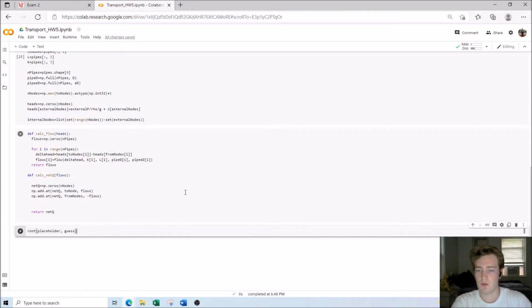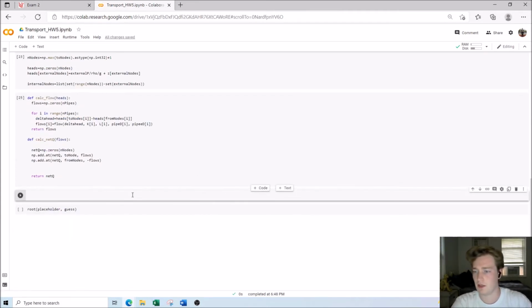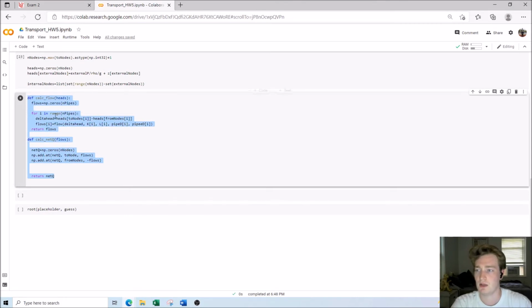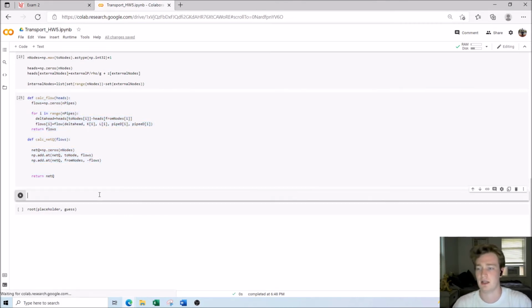So what do we want for our starting function? Well, we want a way to incorporate these last 2 functions that we wrote for calculating flow and calculating the net Q. So how are we going to do that? Similar to what we did for the external nodes, where we calculated the heads knowing the pressure, we want to calculate the heads for the internal nodes knowing the pressure of the internal nodes.